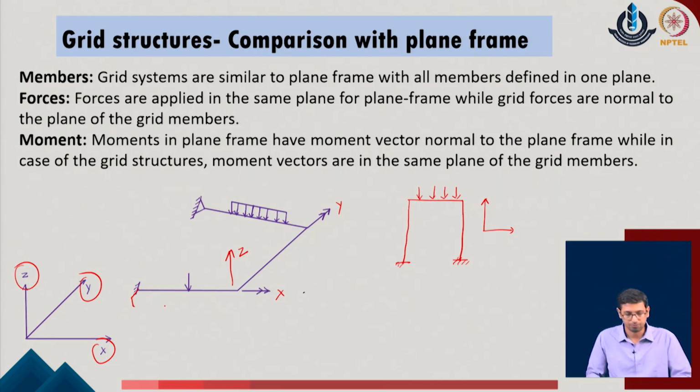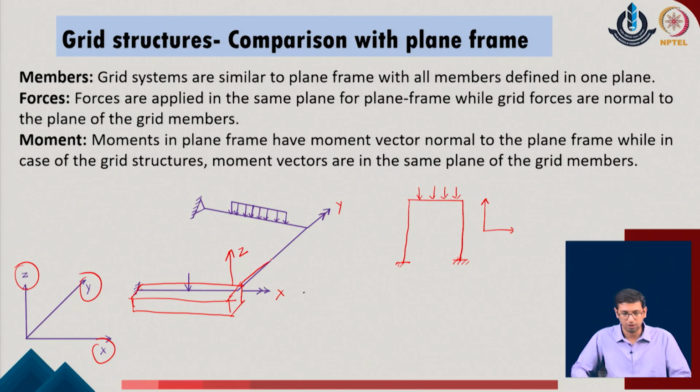So, this is like the member 1 which is drawn in the direction x, whereas the second member which is over here is along the direction y of the given system. So, this is the second member.